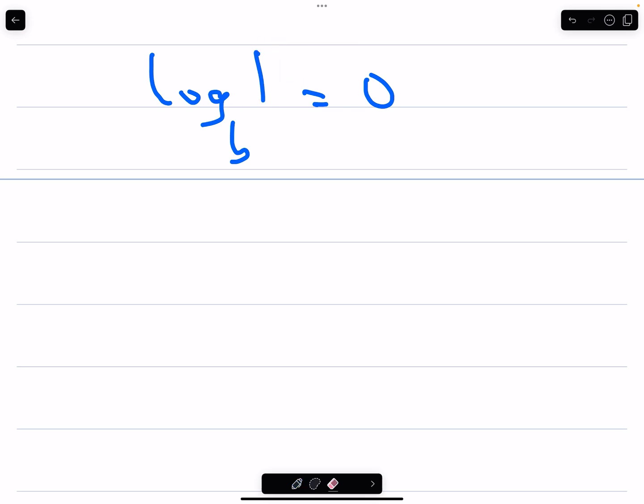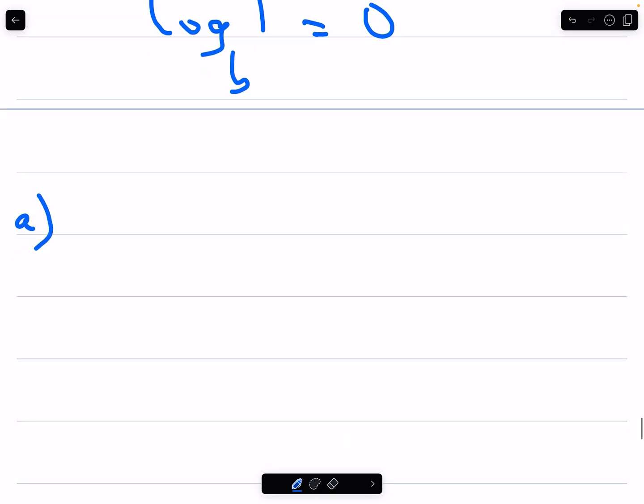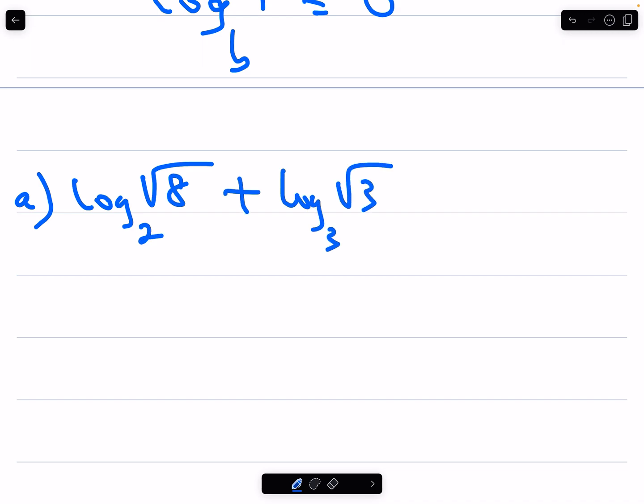Now let's take a few examples. Simplify. Let's see how to use those laws to simplify expressions. This is the first one. Simplify the log of root 8 to base 2 plus the log of root 3 to base 3.